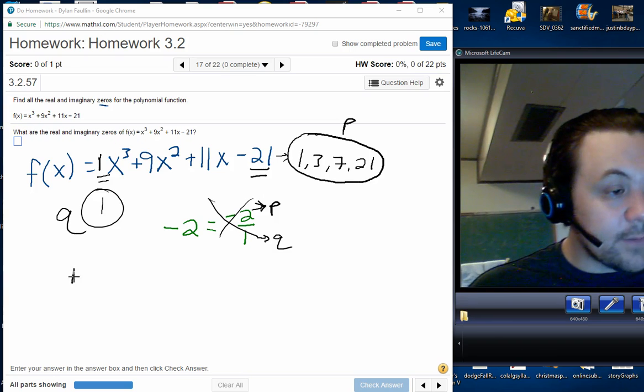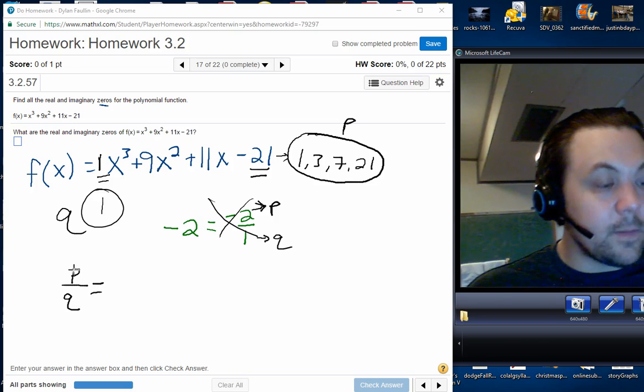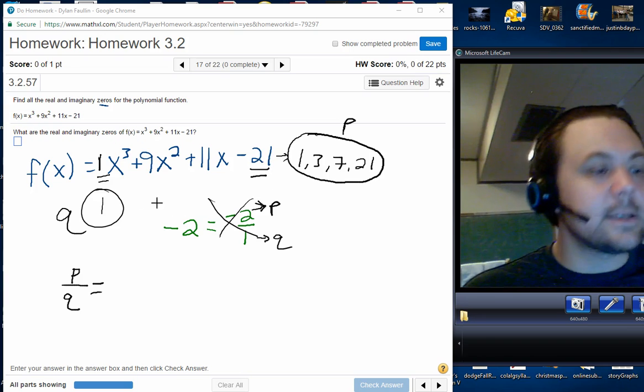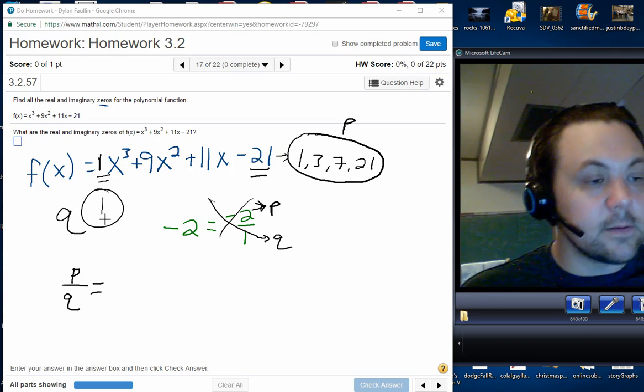What numbers do have a chance of being a 0? Let's go ahead and put that together. It would have to be a p divided by a q, where p is one of these factors of the constant, q is one of these factors of the leading coefficient.